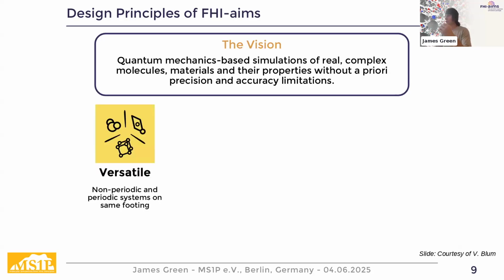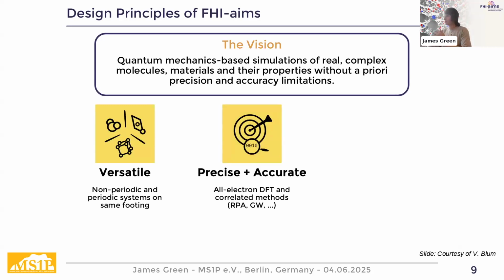So the code should be versatile, so capable of simulating both non-periodic or molecular systems on the same footing as periodic or material systems. It should also be precise and accurate, both for all electron density functional theory and correlated methods beyond DFT as well.